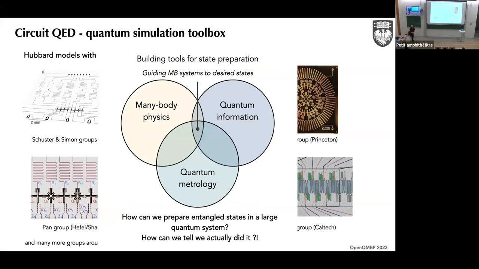It's a complicated non-local measurement. So there's this idea of guiding your many-body system to a desired state. It will be the theme of this talk, and it's not just important for many-body physics, but it's also important for quantum information and quantum enhanced metrology. So this will be the theme of this talk today.